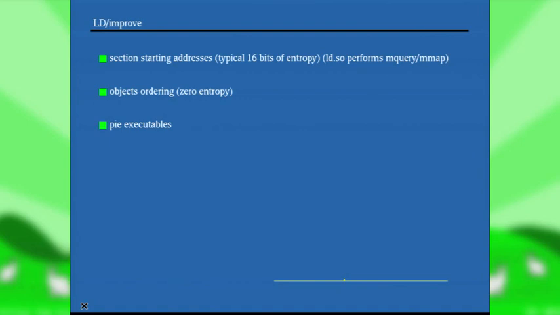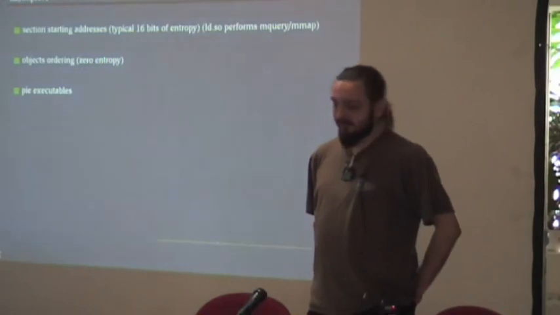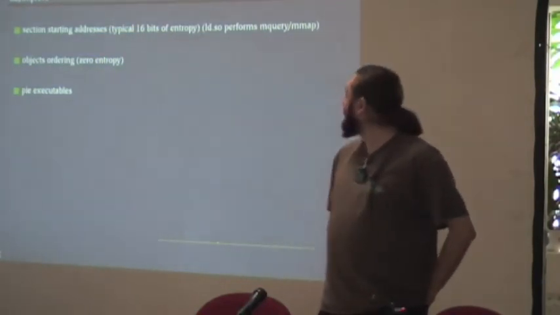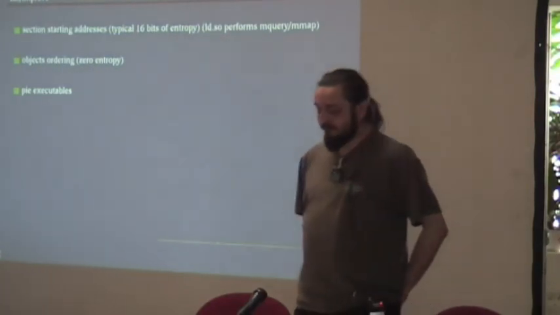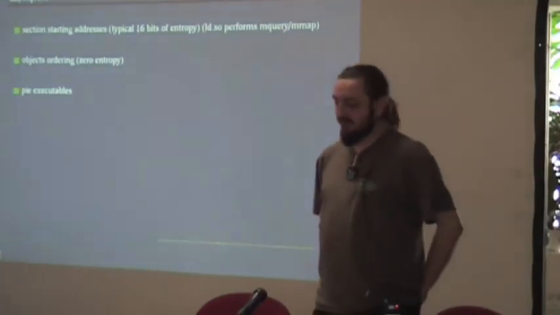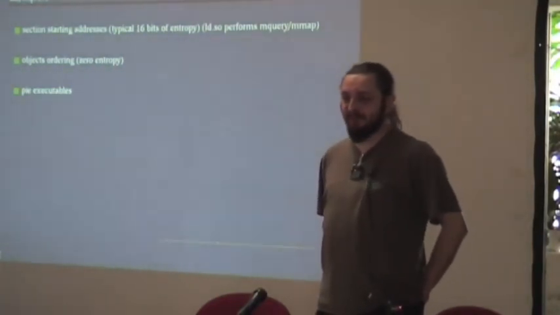So calls, for example, and long jumps are usually absolute jumps. All these addresses for the binary itself would be fixed, but making them dynamic actually costs about 10% performance.